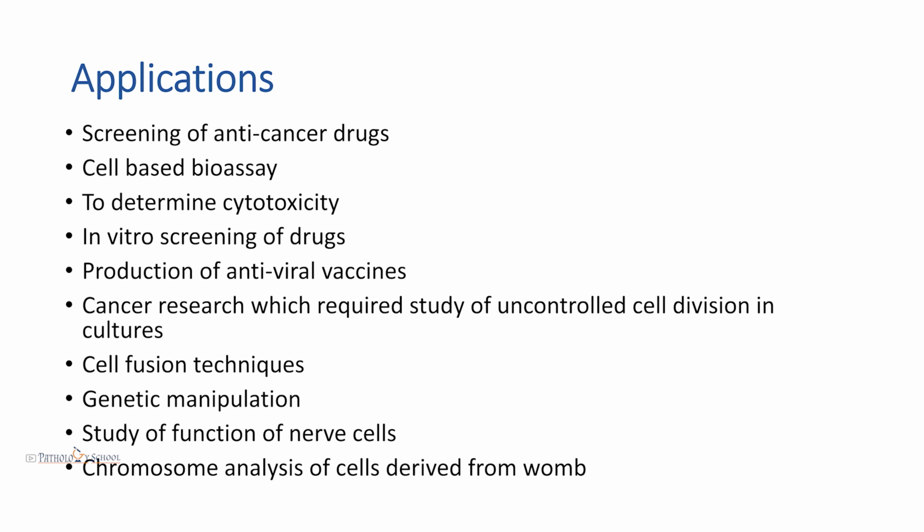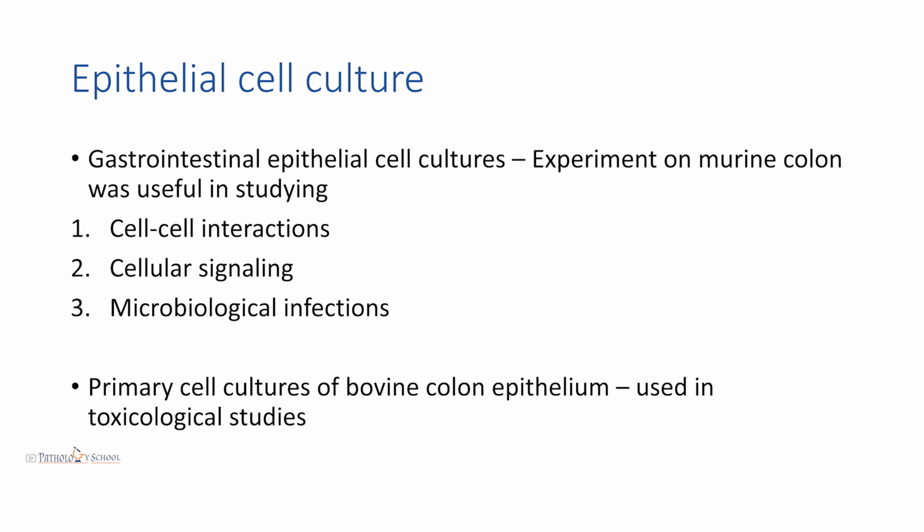Then bioassays of cells can be made, cytotoxicity of certain drugs or elements, and in vitro screening of drugs again. Also production of antiviral vaccines, cancer research, cell fusion techniques, genetic manipulation, study of function of nerve cells, and chromosome analysis for cells derived from them.